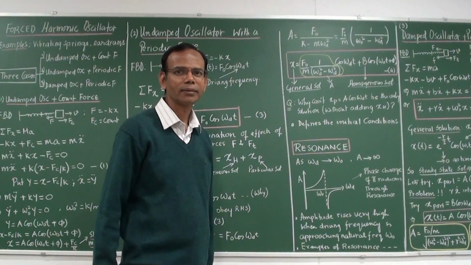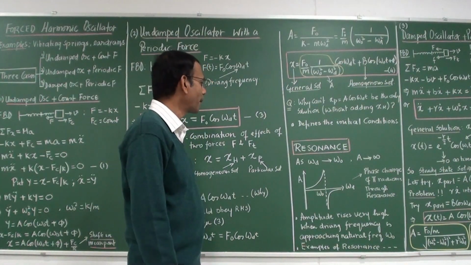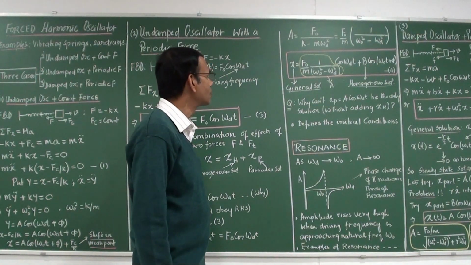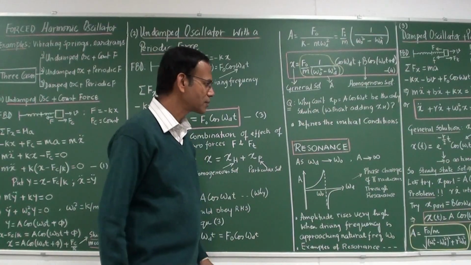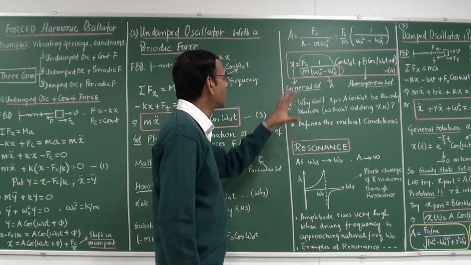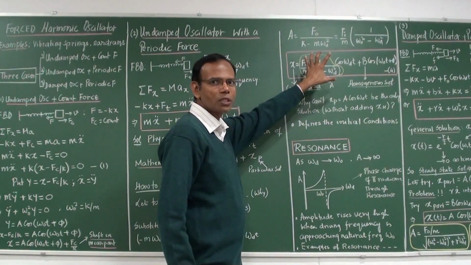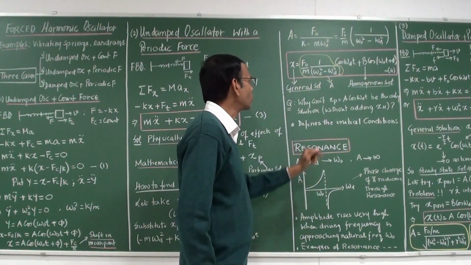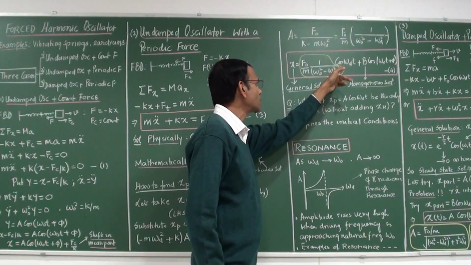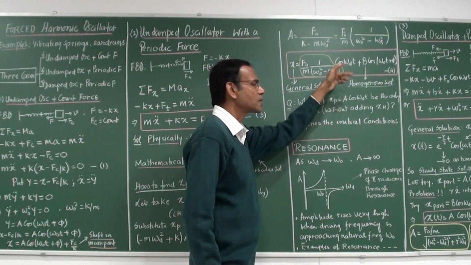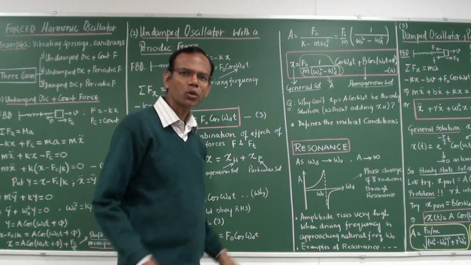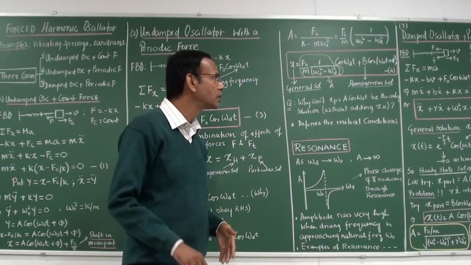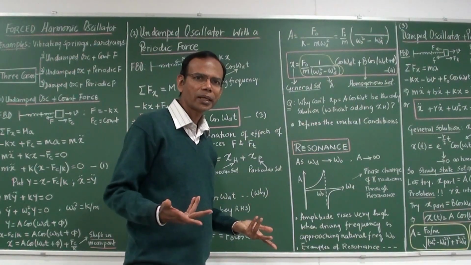What it means is like this. Instead of writing the amplitude as negative, we can write the phase term as cos of omega dt plus pi. Cos of theta plus pi is also negative.